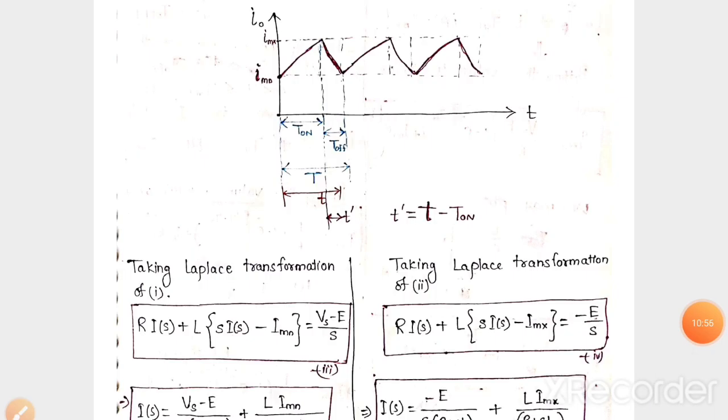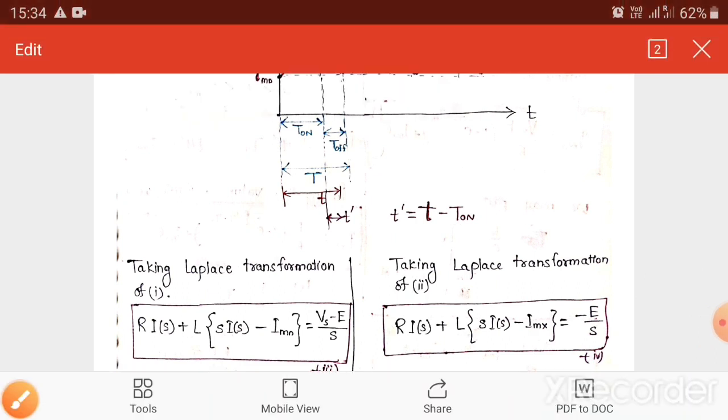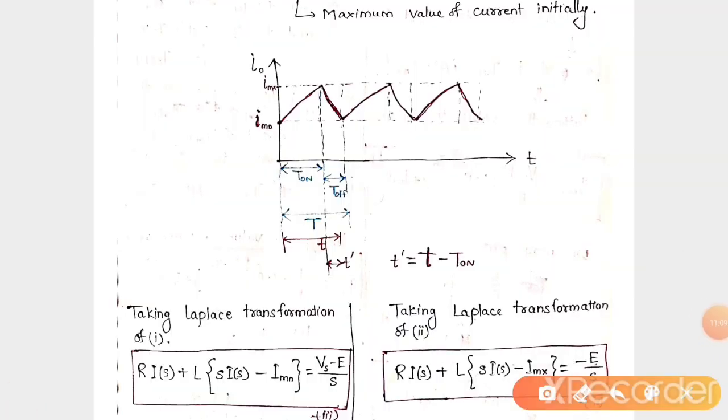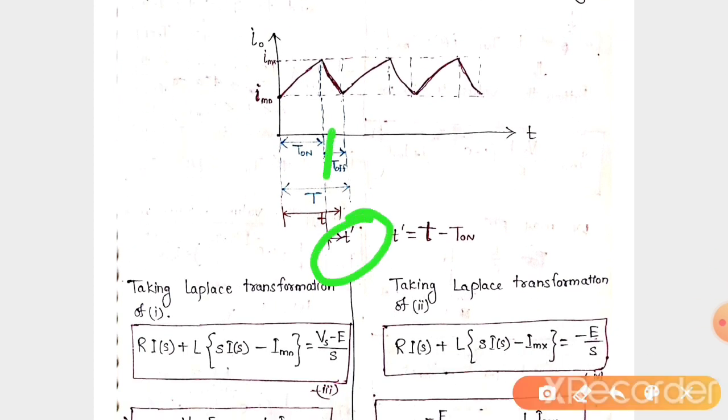One thing which we need to remember is that for turn on period, the reference which we are taking is from this, but for turn off period, since the chopper is turned off at this time, so t off will be measured from this. So accordingly, let's take another time coordinate as t dash, which is measured from here.